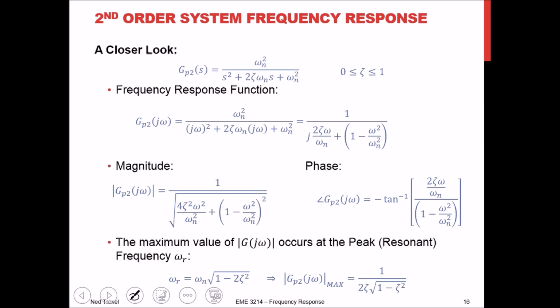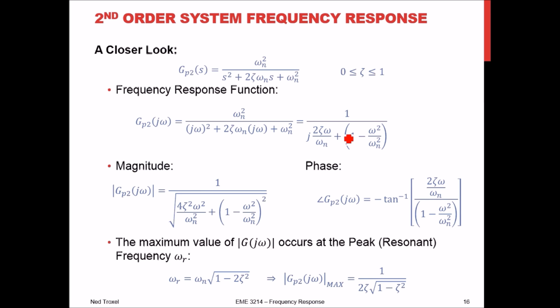So let's take a closer look at a second order pole. For the frequency response function, we plug in j omega for the s's. If you'll notice here, if I divide through by omega n, the top goes to 1. This j omega squared becomes minus omega squared divided by omega n squared. Same thing, 2 zeta omega n times j omega divided by omega n squared, and you get this.